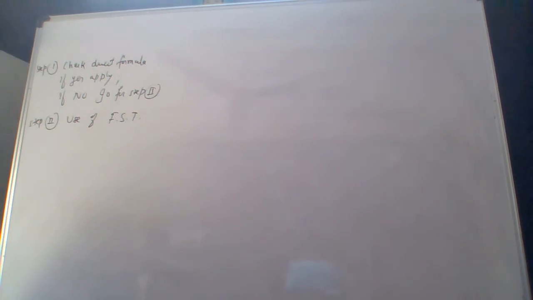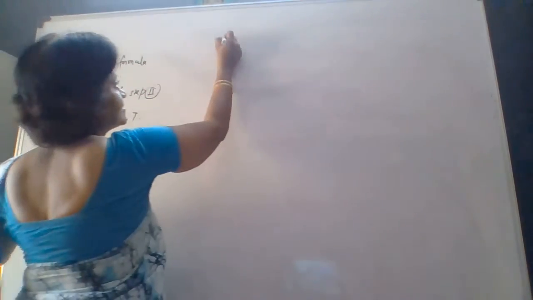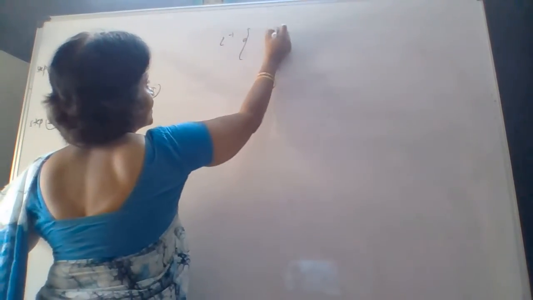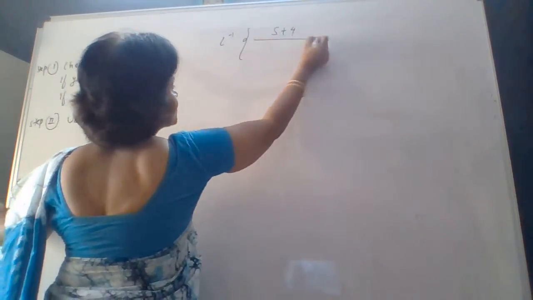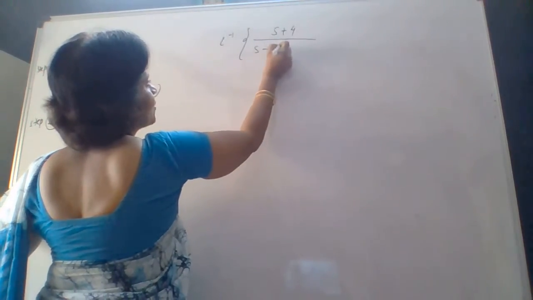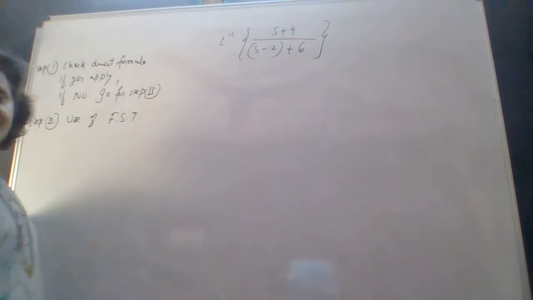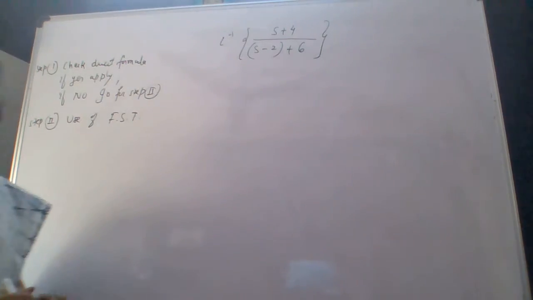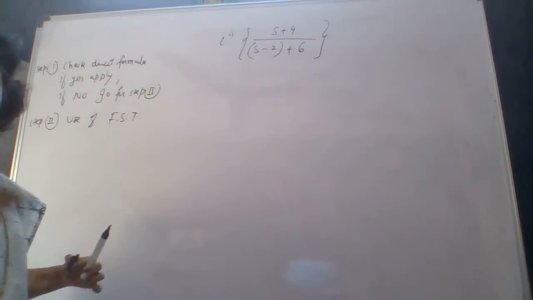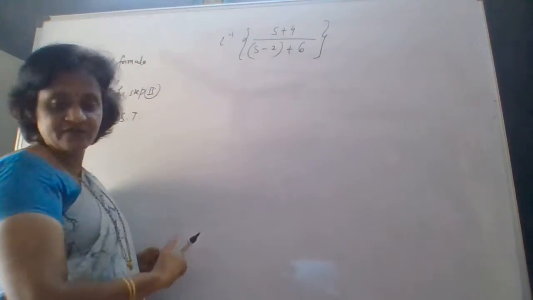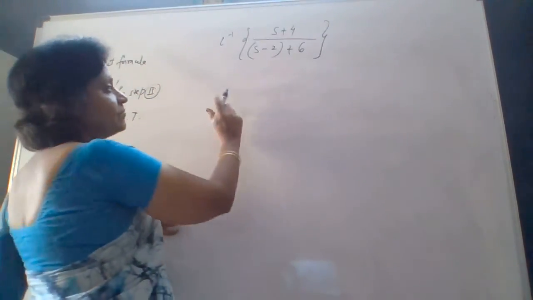Now in the second step, I will have an example. Say we want to find the Laplace inverse of something of this type. This is an algebraic function. The moment you look at this, the first thing you check is whether it has a direct formula or not.